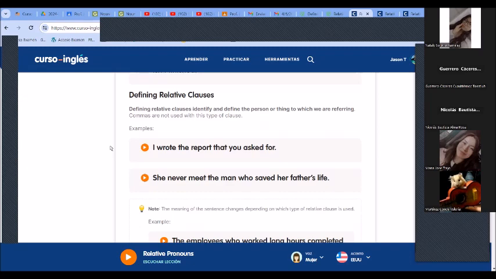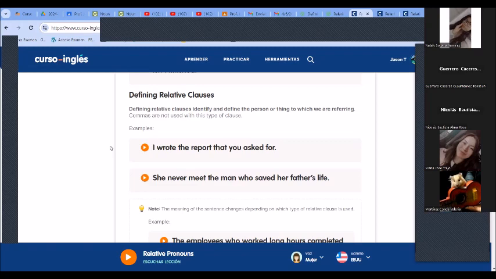Defining relative clauses identify and define the person or thing to which we are referring. Commas are not used with this type of clause. I wrote the report that you asked for. She never met the man who saved her father's life.